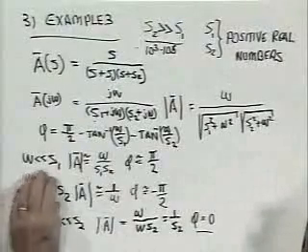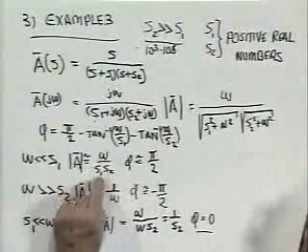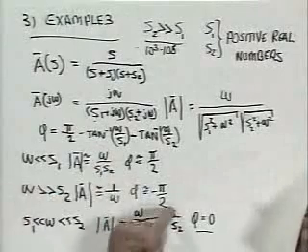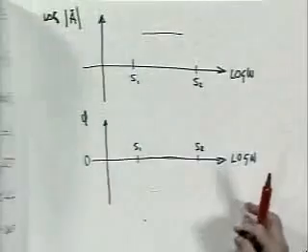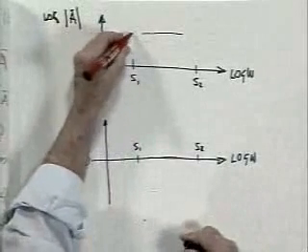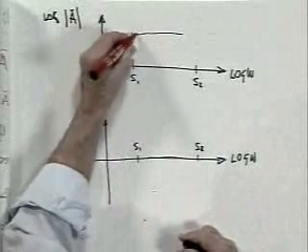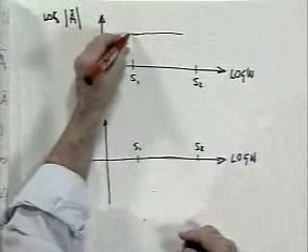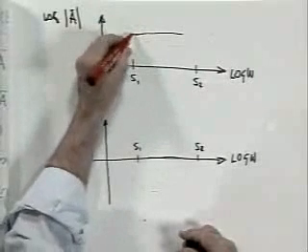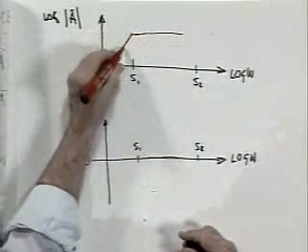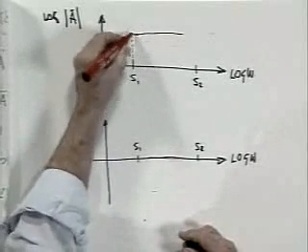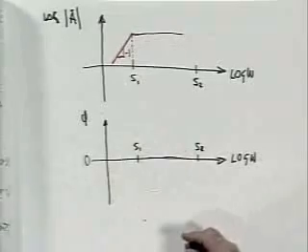And the way to do that is to look at this and say, all right, when omega equals S1, this becomes just 1 over S2, which is the value we had there. So at omega equals S1, this asymptote must pass through that point. It isn't valid for the function there, but that's where the intercept of the straight line is. And it drops off here with a slope of -1. And these asymptotes intersect at S1.